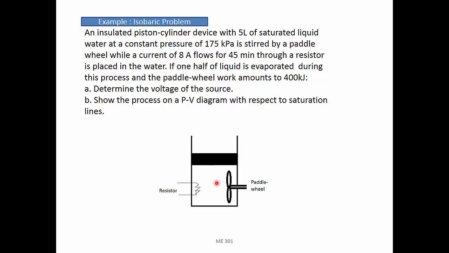If 1/2 of the liquid is evaporated during this process, and the paddle wheel work amounts to 400 kilojoule, determine the voltage of the source and show the process on the PV diagram with respect to the saturation lines.